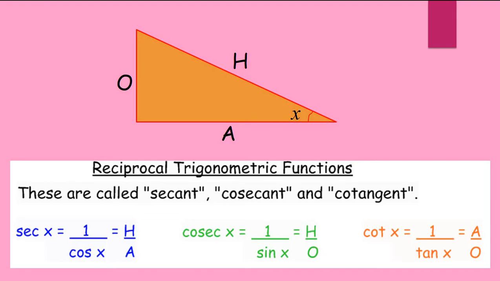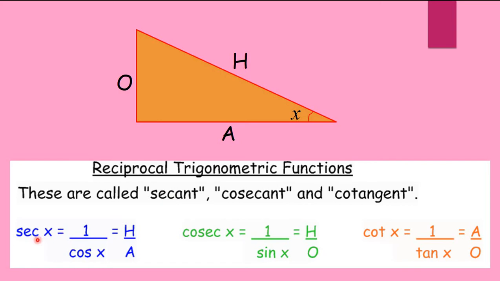Now, an easy way to remember which trig function is a reciprocal of which is to look at the third letter of the new ones: secant, cosecant, and cotangent. If you look at the third letter of sec or secant, the third letter is C, which is the initial of cos.